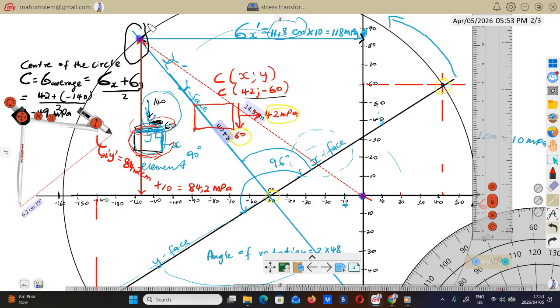Resultant stress, you measure diagonally. Remember, for shear stress we measured the vertical distance. For normal stress we measured the horizontal distance. For resultant stress we measure diagonally at an incline. From here to that point is 14.5.